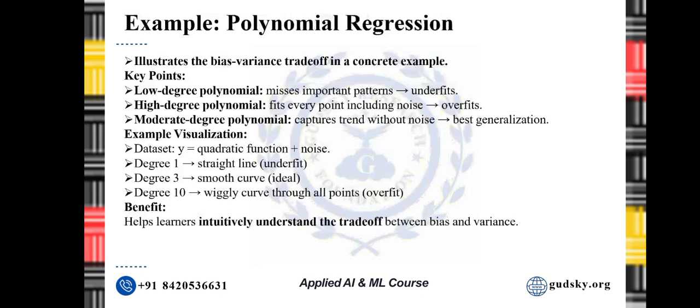Moderate, degree 3, is a smooth curve that fits the trend but ignores noise, the ideal model. This one simple example demonstrates the bias variance trade-off visually.